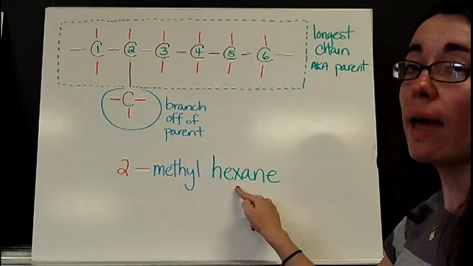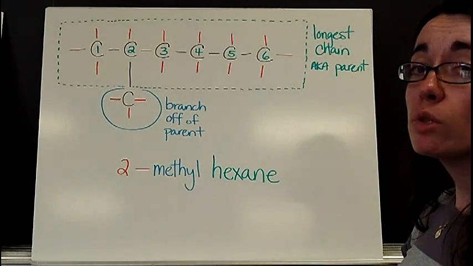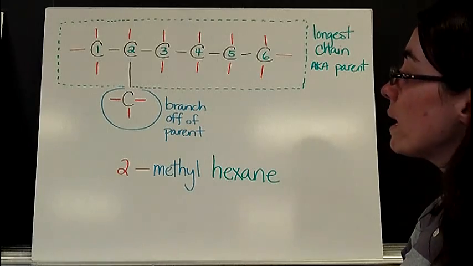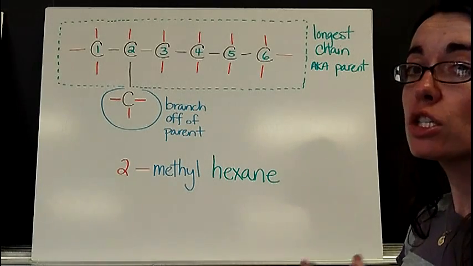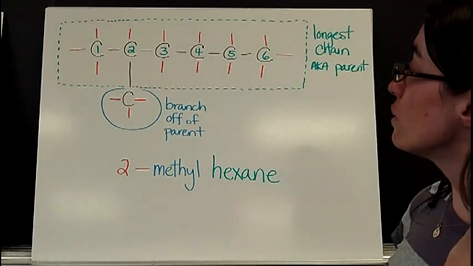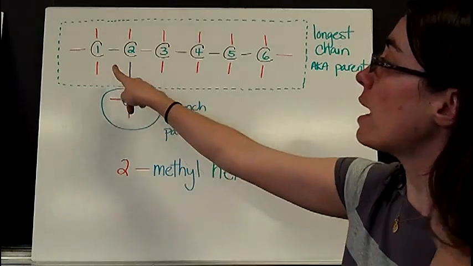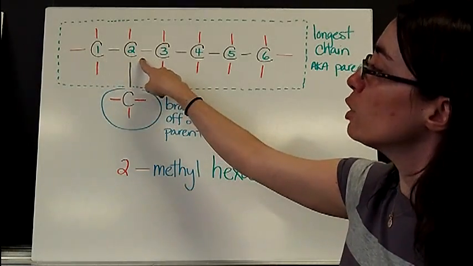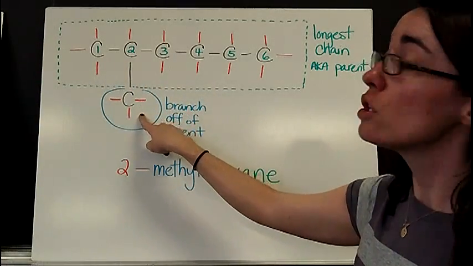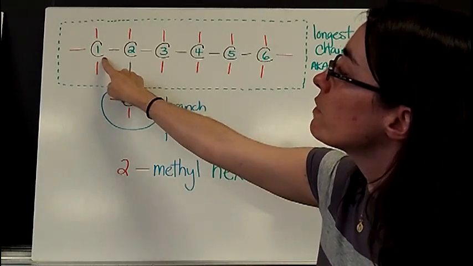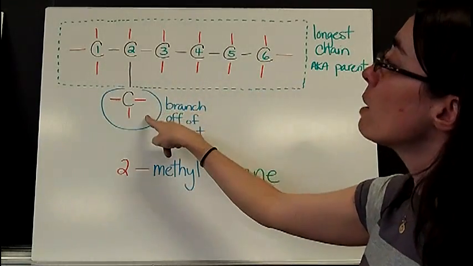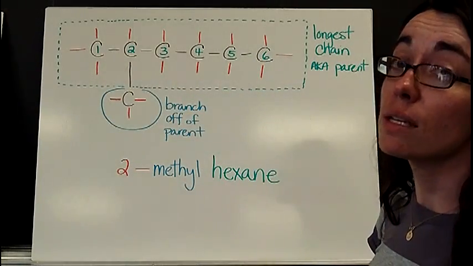So we have methylhexane. And then we need to be able to communicate to others where that methyl is attached to the parent chain. And so your numbering should be such that the lowest number possible is assigned to your branch. So here I started numbering on the left. I went from left to right because my branch was closer to the left side.